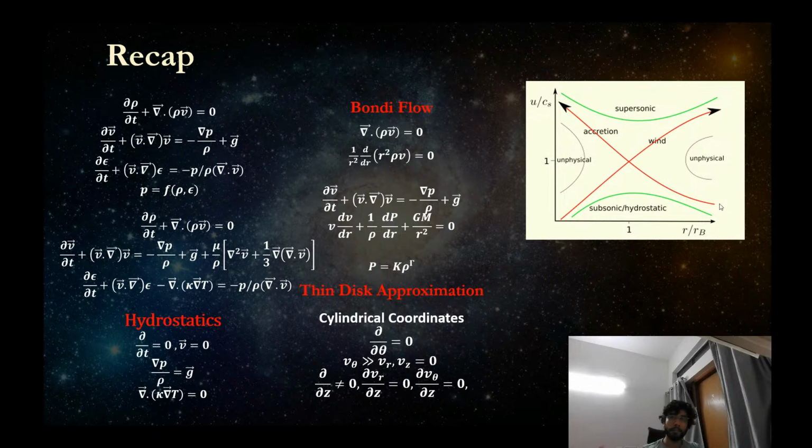So the matter from far starts with a very low velocity, and as it gets closer and closer to the black hole, the speed increases, and finally it crosses the point where it exceeds the speed of sound. Right? So it goes from subsonic to supersonic.